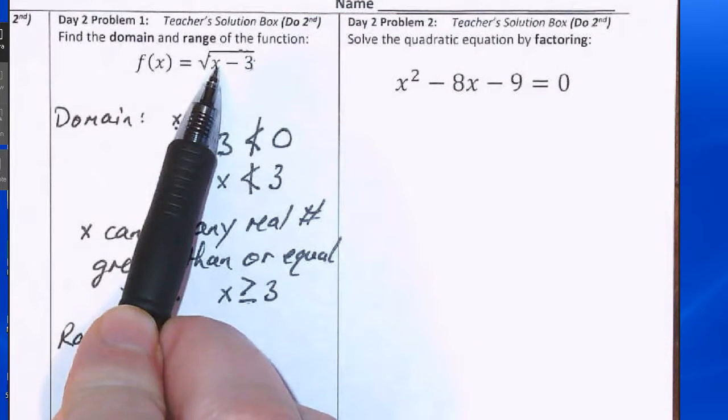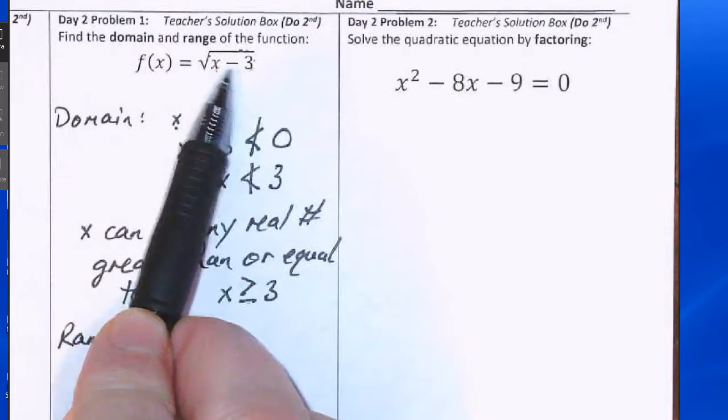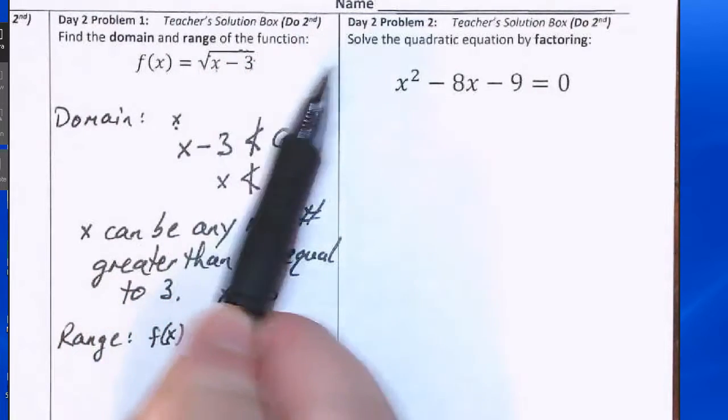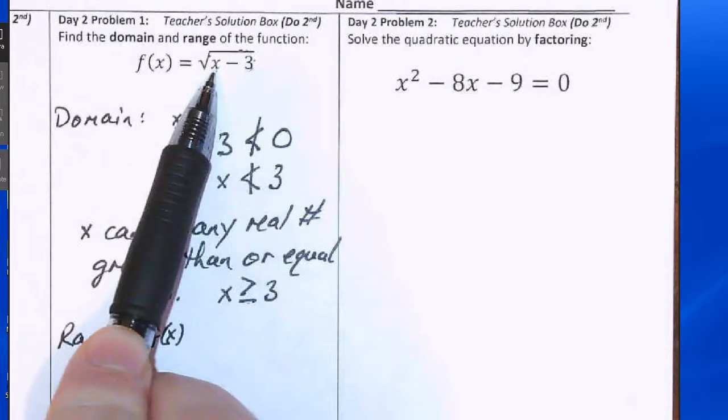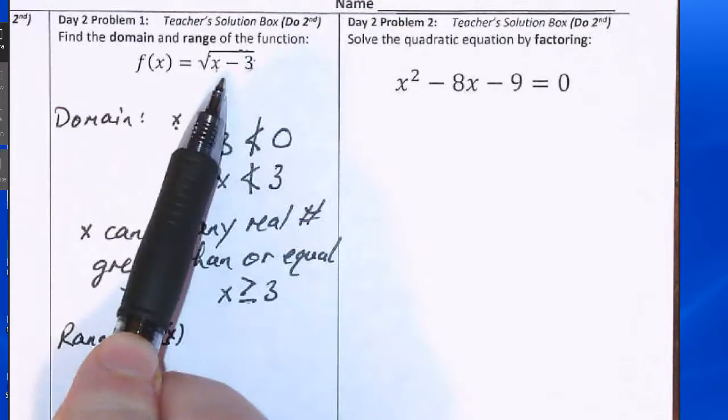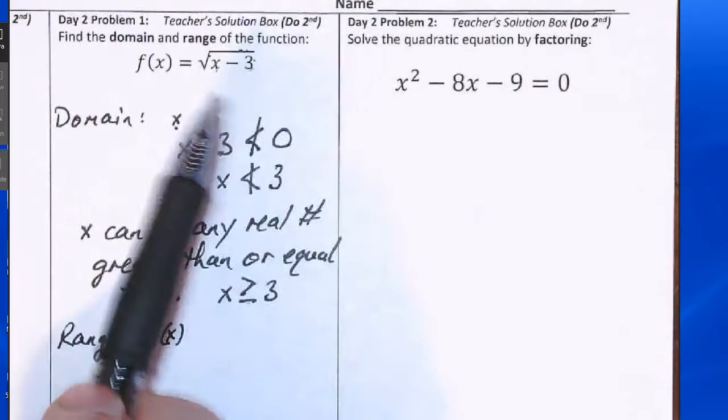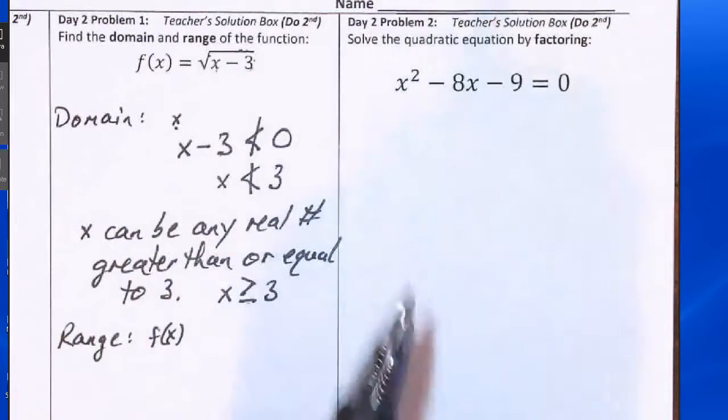If x was 3, then this would say the square root of 0, which would output 0. And if x was a number greater than 3, this square root would output positive numbers. But what it cannot output is negative numbers.